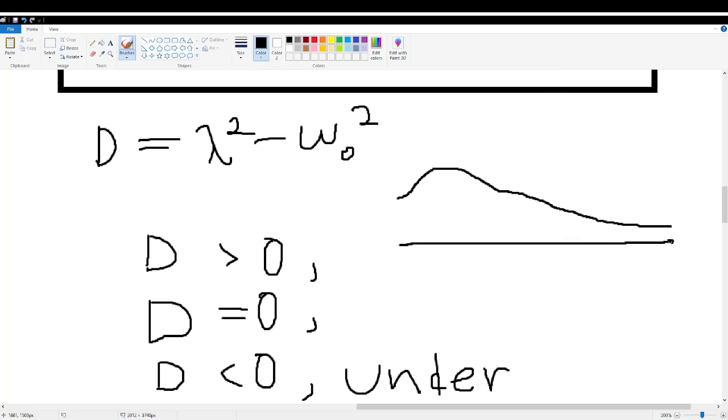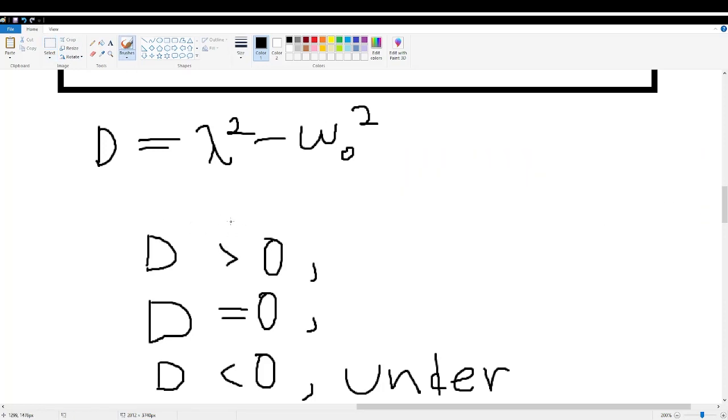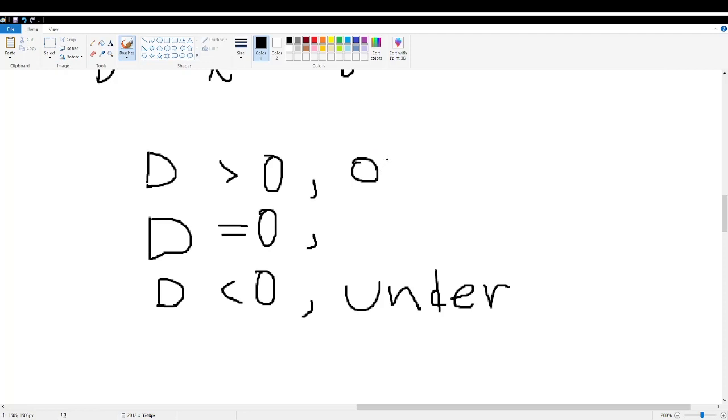And keep in mind, this is 0, this is x, this is y. There's going to be some competition in the beginning. This is like the mass going away from the wall, but then it's just going to come back, and it's never going to cross. So we can say that this case where it's greater than 0 is going to be the overdamped case, which of course leads the 0 case to be critically damped.